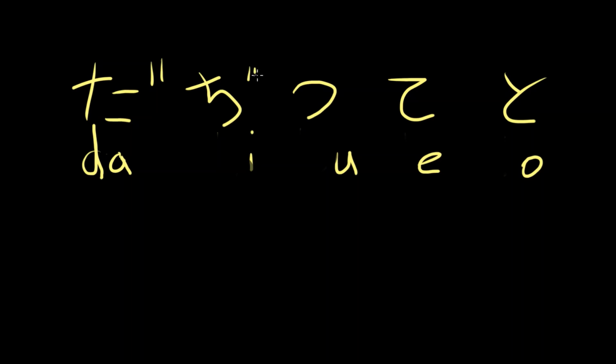Chi goes to ji. It's also a j sort of sound. Tsu goes to zu, so more of a Z sound. Te goes to de. To goes to do. Remember, this is not pronounced do, it's pronounced do. So da, ji, zu, de, do.